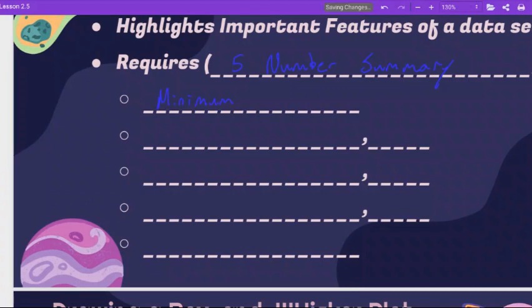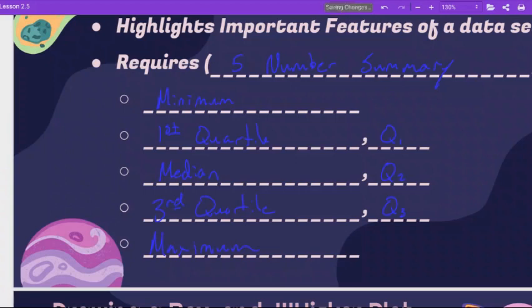That's going to include the first quartile, or Q1. That's going to include the median, or Q2. That's going to include the third quartile, or Q3. And it will also include the maximum.